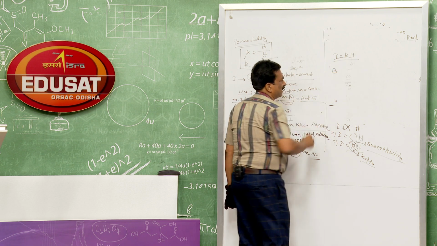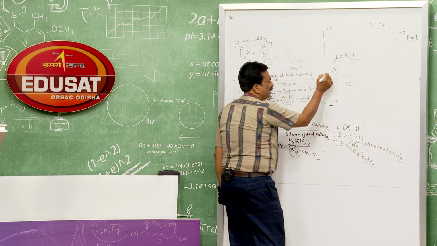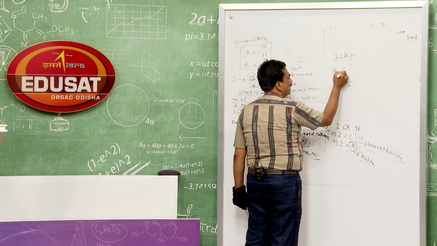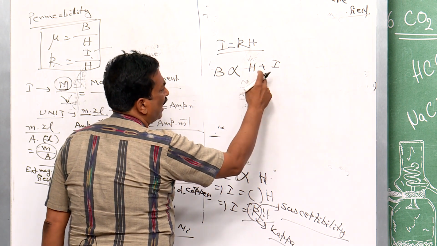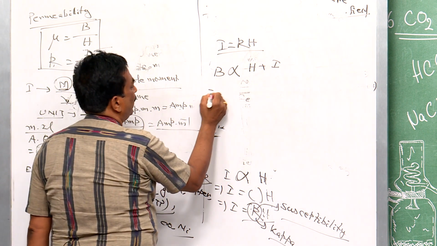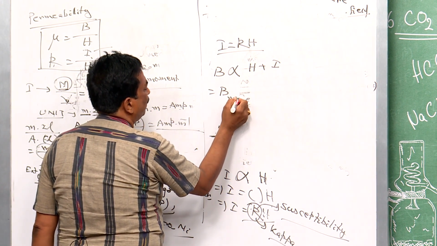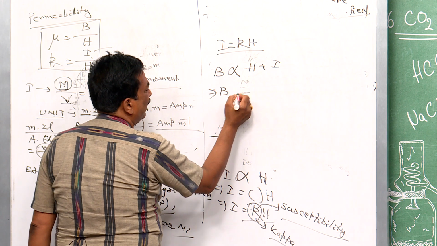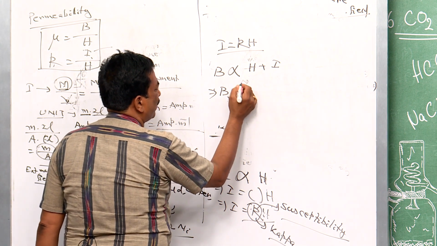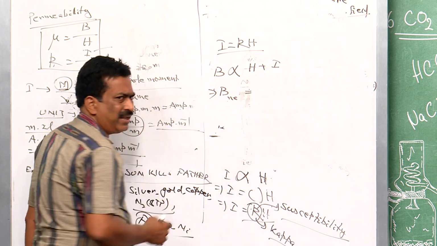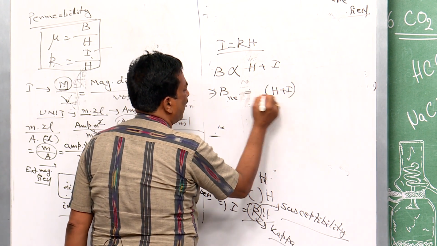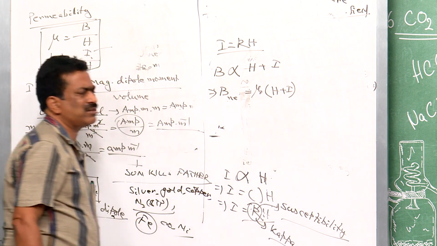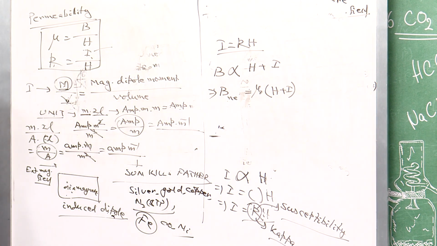So, the resultant net magnetic intensity or flux density, B net, is the sum of the external and the internal. B net is proportional to H plus I, and that equalization will have some constant, that is mu 0.